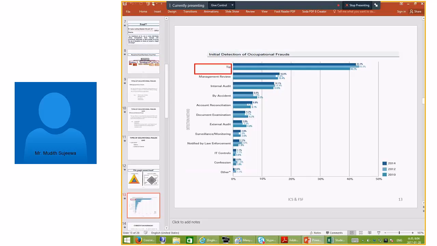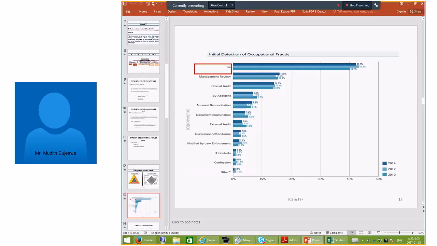So how do you detect frauds? I discussed that it is very challenging. Now there are rumors and everything going on. So how do you detect? What is the source to detect these frauds? This is based on the survey done by the ACFE. You can detect frauds through audits, internal audits, external audits, IT controls or whatever it is.